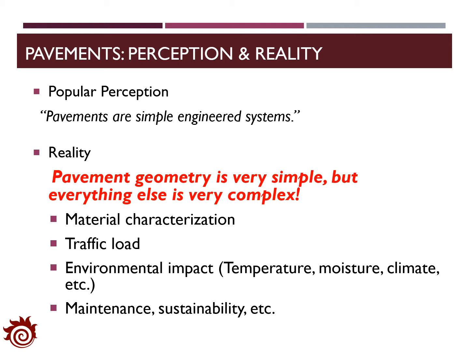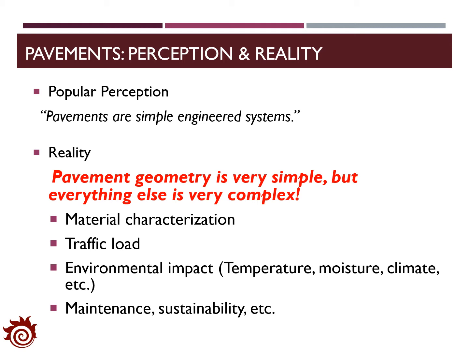requirements of the pavement. And second, the pavement is designed to support traffic on the road. The impact of the traffic load on the pavement should be well understood. And third, pavement is constructed outdoors, and it is affected by the environment, especially the temperature, moisture, and climate, which will significantly change the properties of the materials.